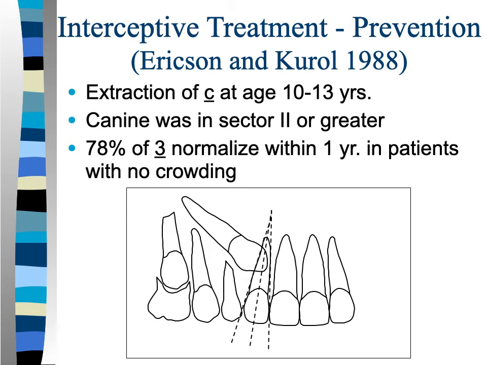So if you extract your primary canine, 78% of these permanent canines will normalize. Their position will improve after 1 year if there's no crowding. Okay.